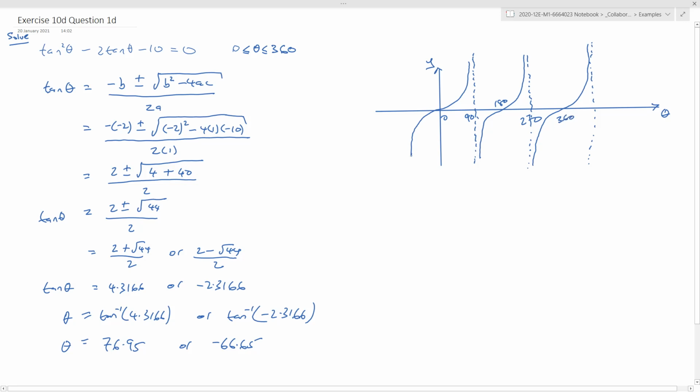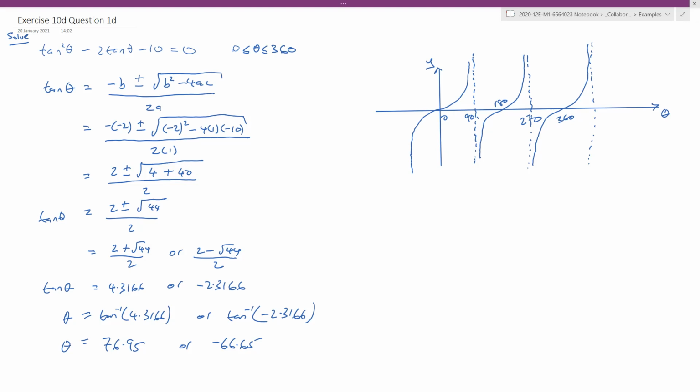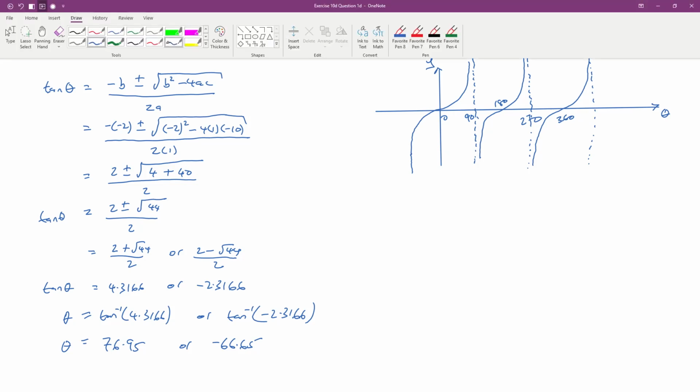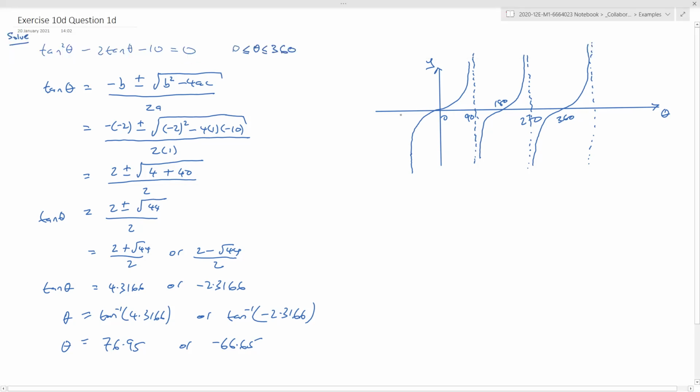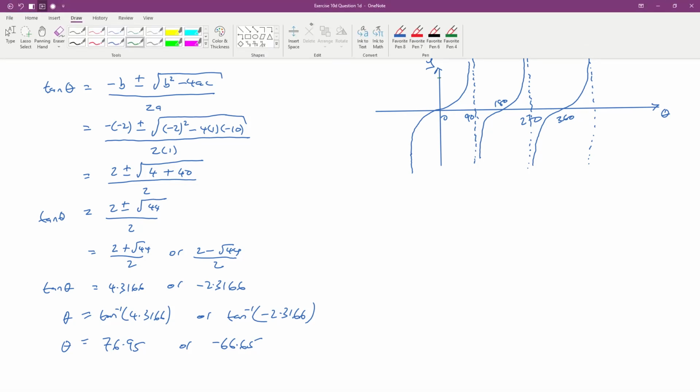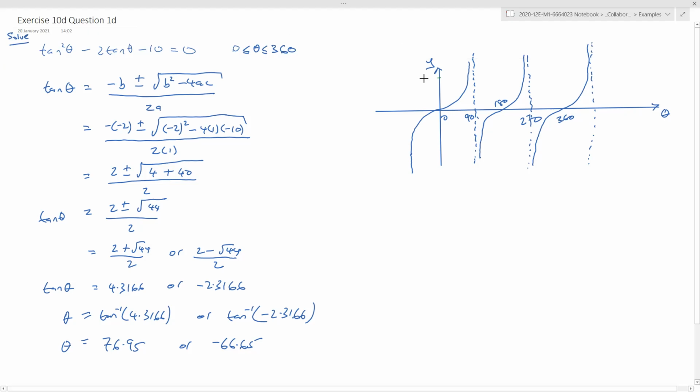Okay, so the solutions we've got, let's plot them on. 4.3166 gives me 76.95. Let's do that in green just to show the additional solutions. If we use a straight line, it's much easier. There we go.